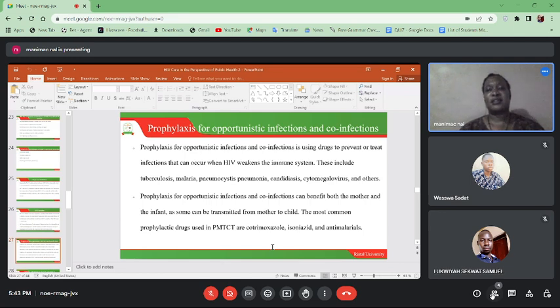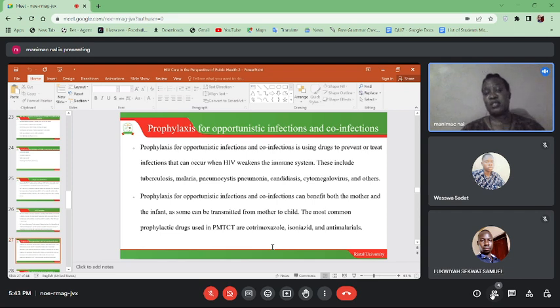So prophylaxis for opportunistic infections and co-infections. Here we are looking at prophylaxis, which is usually the use of drugs to help us prevent or treat infections that occur when HIV weakens our immune system.